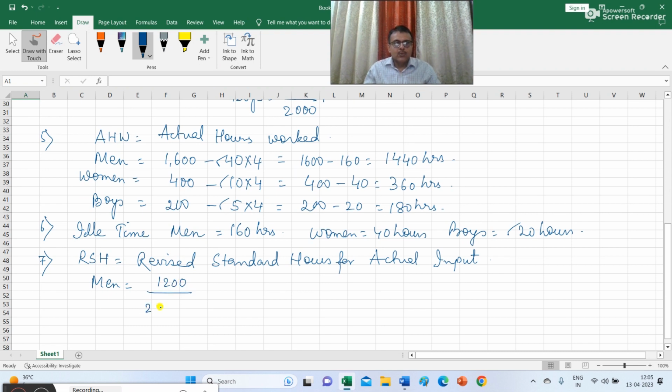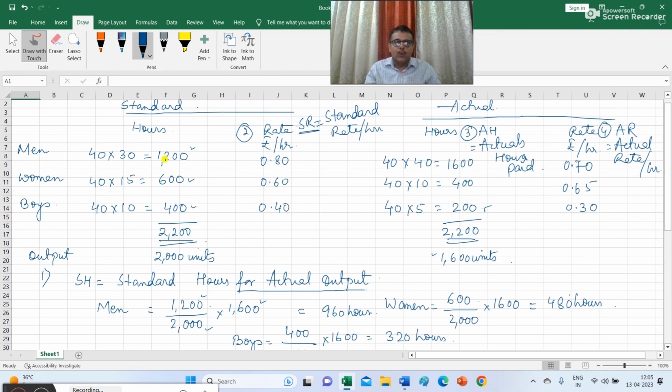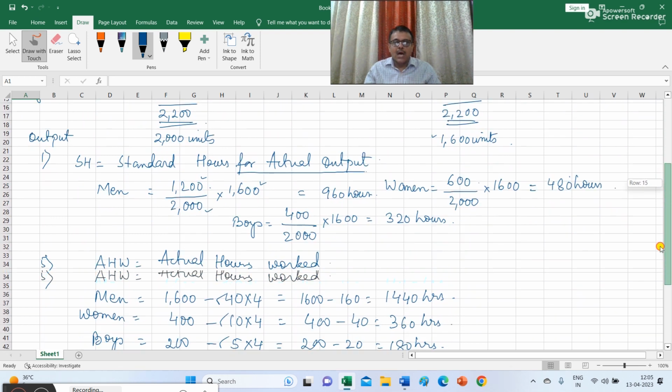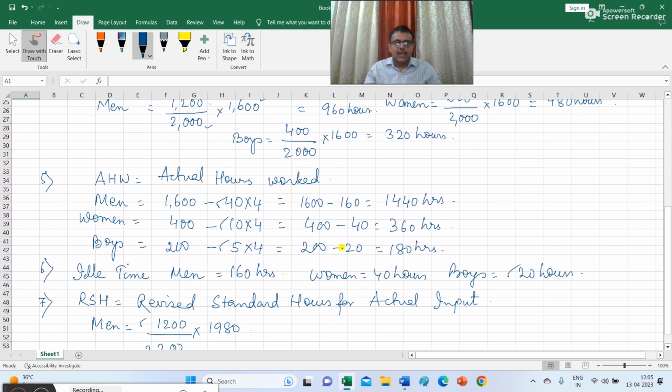Divide this with 2,200 and multiply this with 1,980. So 1,200 is the standard man hours during a week. Divide this with 2,200 and multiply this with actual hours worked. So total actual hours worked was 1,980. Total actual hours worked is 1,980.